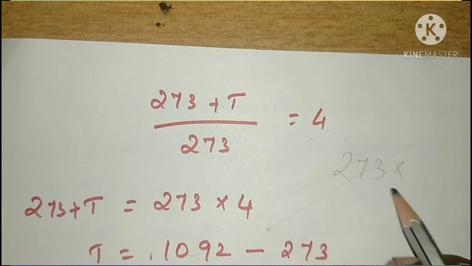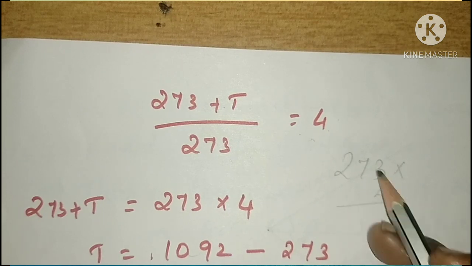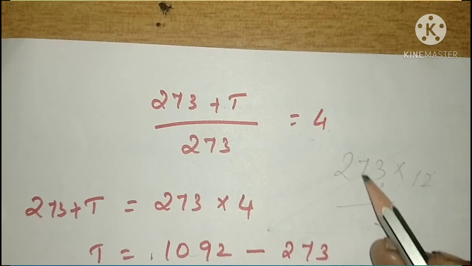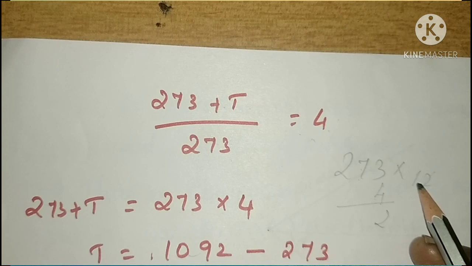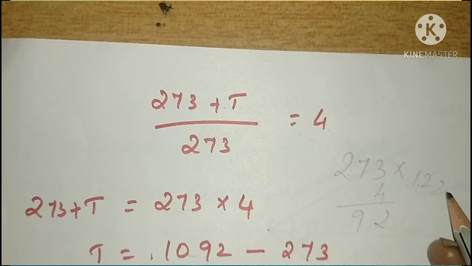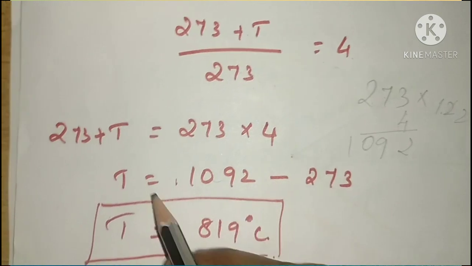273 into 4. 4 3s are 12. 7 4s are 28 plus 1, 29, isn't it? So here 9, remaining 2. 2 4s are 8 plus 2, 10. So 1092.